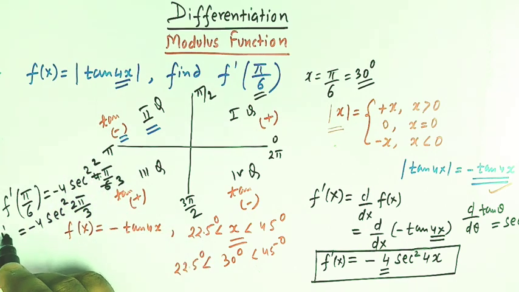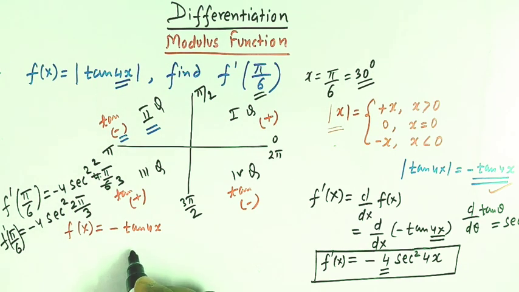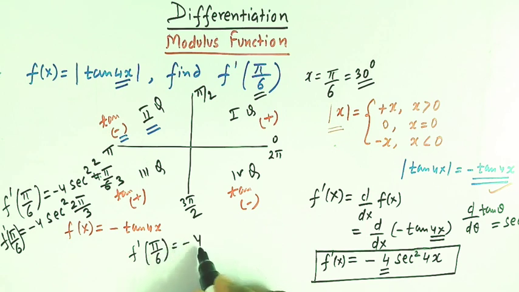Now f prime of pi by 6 can be written as minus 4 times secant square 2 pi by 3, and secant square 2 pi by 3 is equal to 1 over cos square 2 pi by 3.